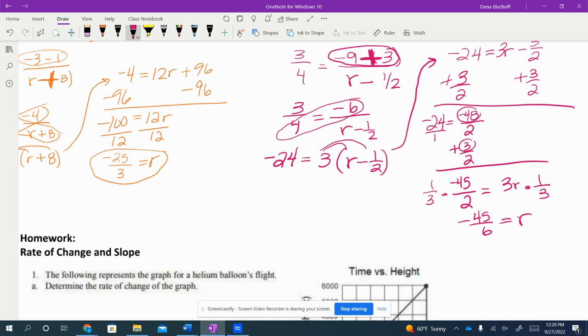No, it's not. Dividing by 6 is not going to make that a 0.5. It's negative 45 divided by 6. Can I reduce that? Aren't they both divisible by 3? Divide by 3, negative 15 over 2, which is what Gavin said, negative 7.5. I just wanted him to think it out.